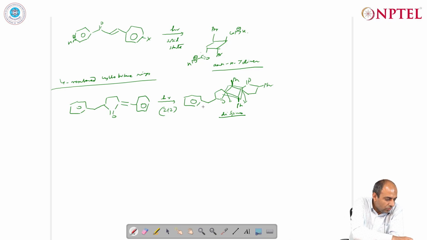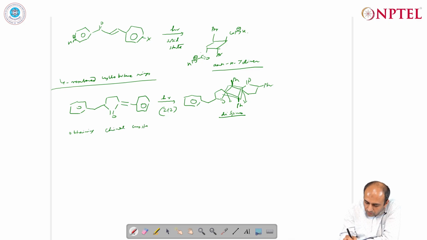And photodimerization has also been very useful in achieving chiral induction in crystals starting from optically active materials. So we can start with obtaining chiral crystals using the concept of photodimerization.